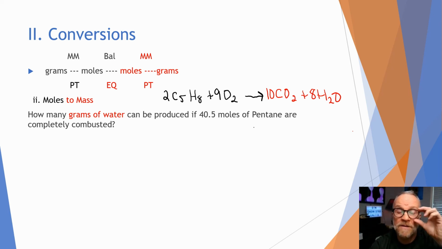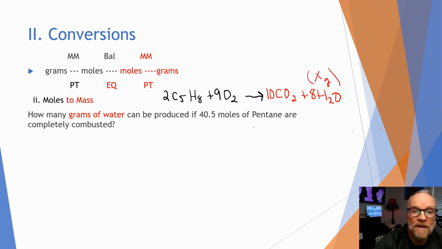And to save us a little time, I went ahead and wrote the balanced equation out. So this one we are solving for grams of water, and we are given moles of pentane, 40.5 moles of this guy.